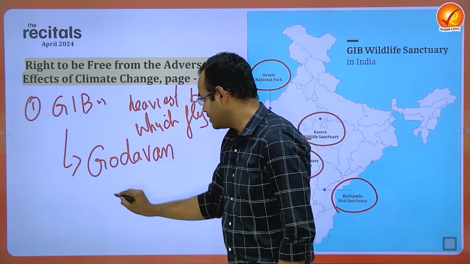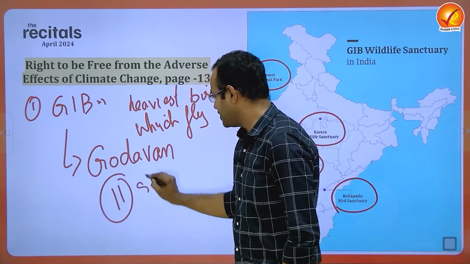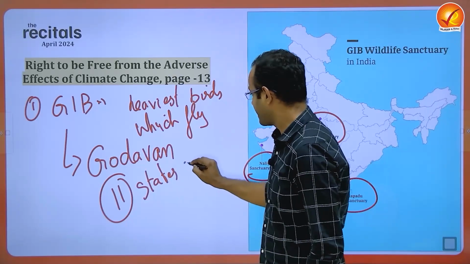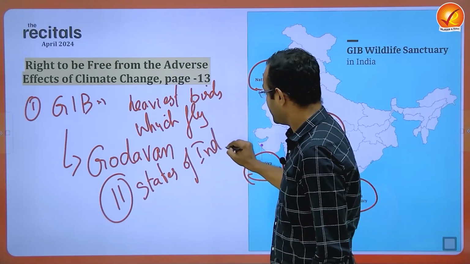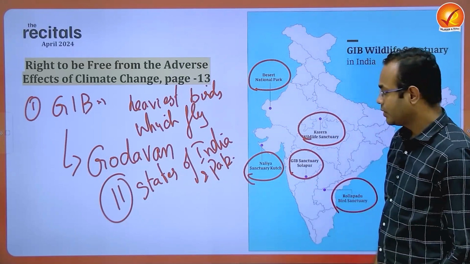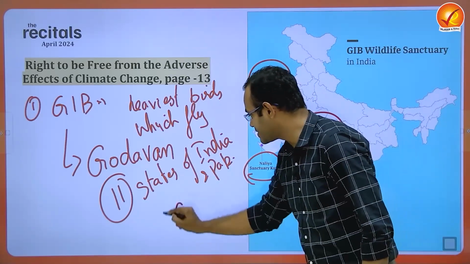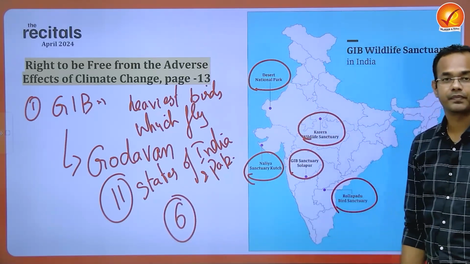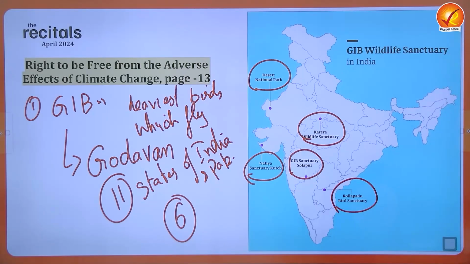Once it was seen in 11 states of India and Pakistan. Today we see them in 6 states in India.